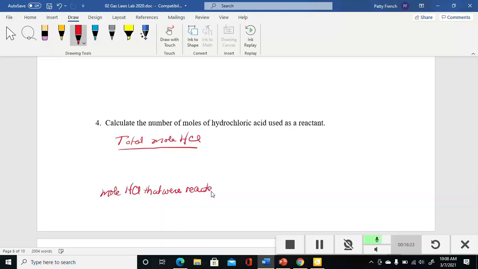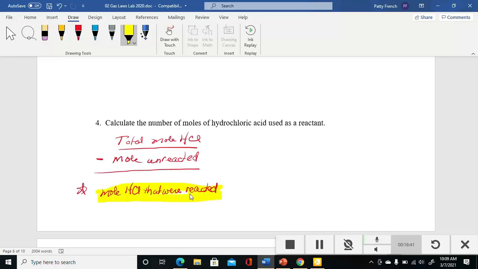So in order to do that, I'm going to have to determine the moles that were unreacted. And of course, the difference between the total and the unreacted is the reacted, and this is what we're shooting for. But in order to do that, of course, we have to find first the total moles and then the moles of unreacted.